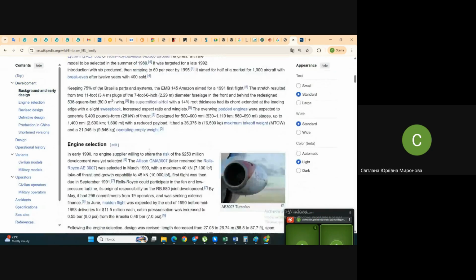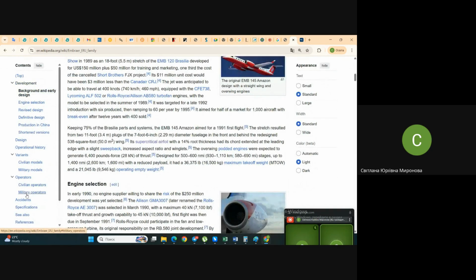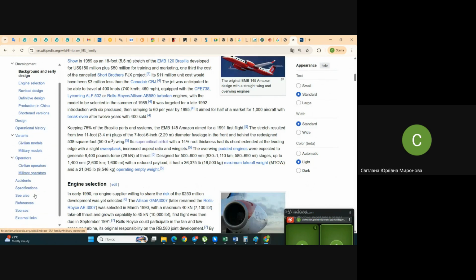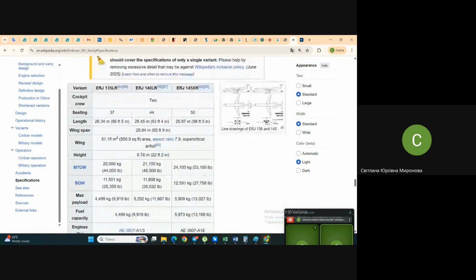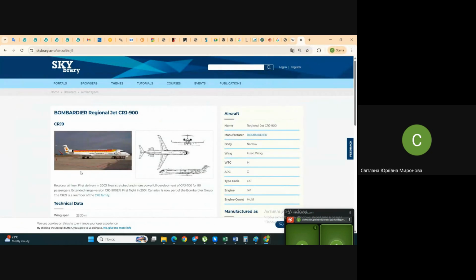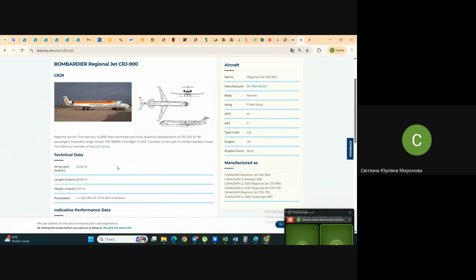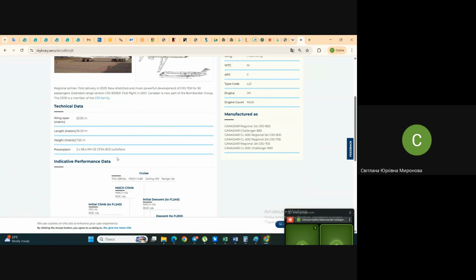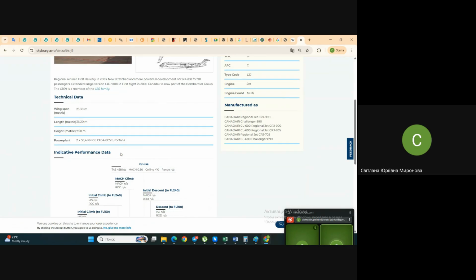Technical characteristics in Wikipedia are usually given, and operational history. Oh, specification. Here it is. And for that one, I have an idea that it is not so speedy with respect to the first one.